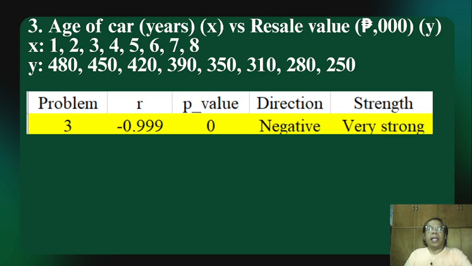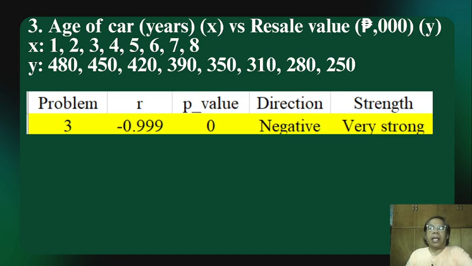And then age of car in years, number 3 versus resale value in 1,000 pesos, Y. So we have X and Y values. 1 for 80, 2 for 50, 3 for 20, 4 390, 5 350, 6 310, 7 280, 8 250 in 1,000.